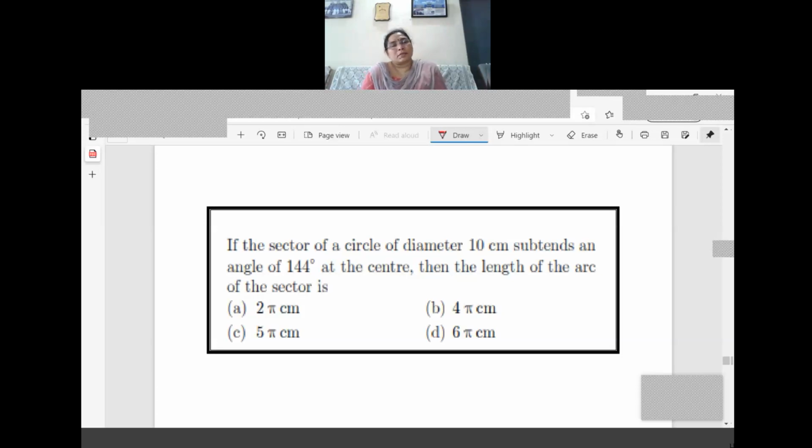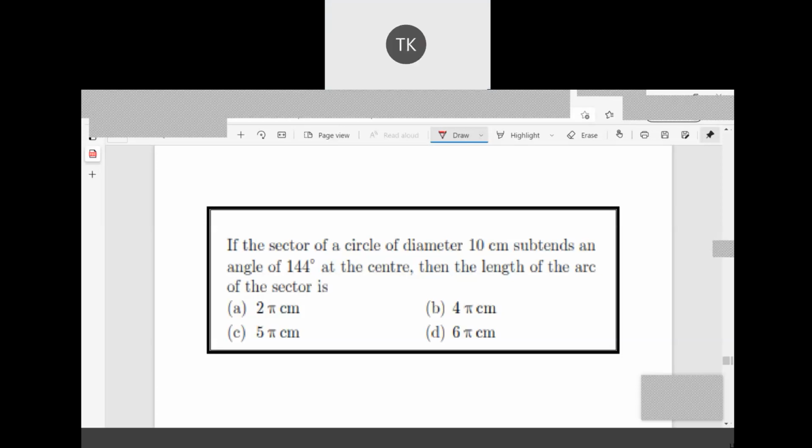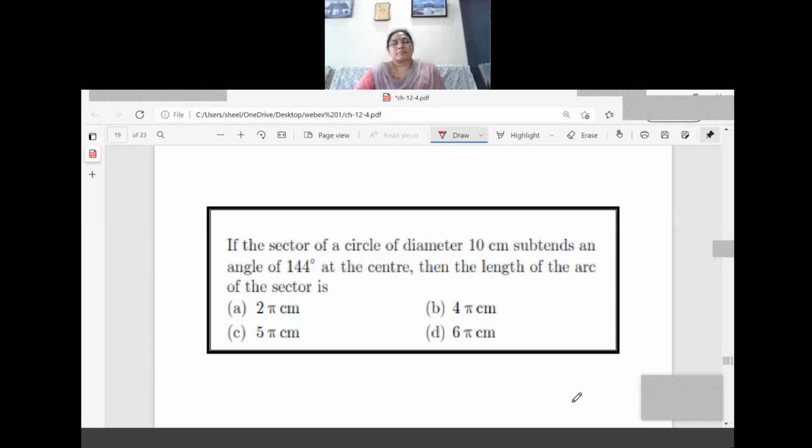Don't use the value of pi because in terms of pi the option is there. 4 pi, ma'am. 4 pi. Option B.